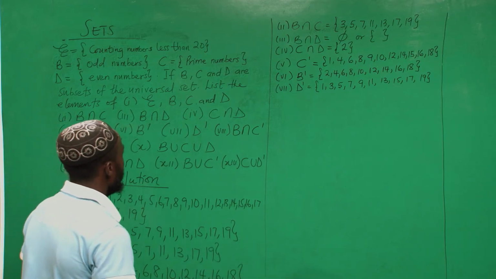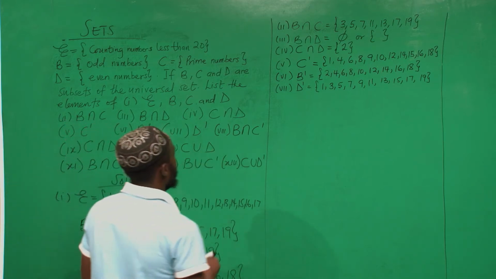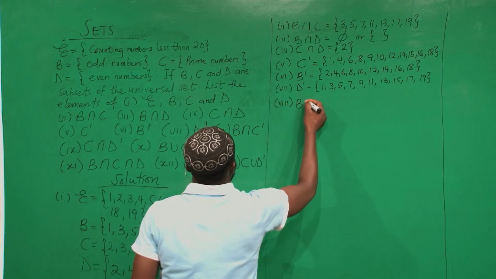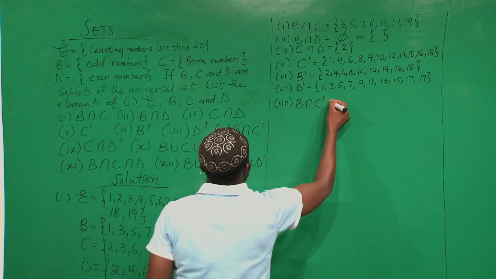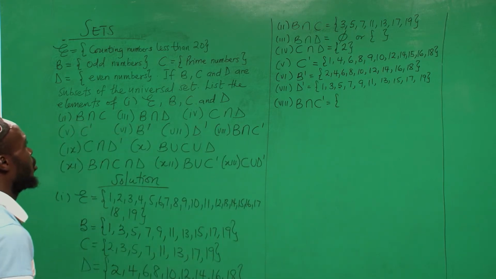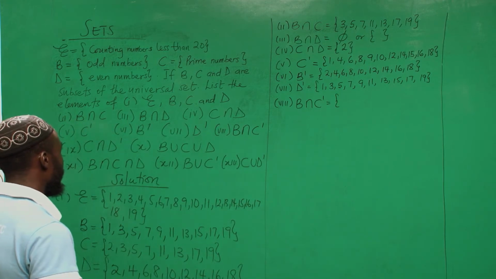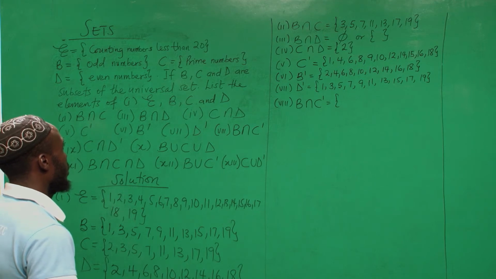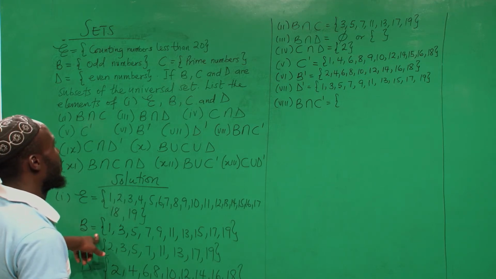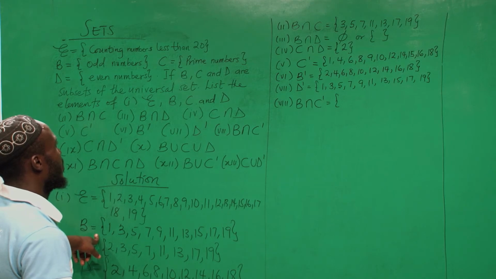Then let's move on to VIII, B intersection C complement. So we are being asked to compare C complement to B. 1, 4, 6, 8 to B, and B is 1, 3, 5.